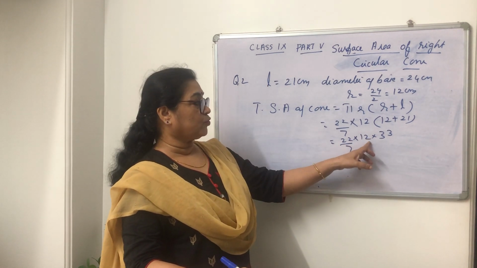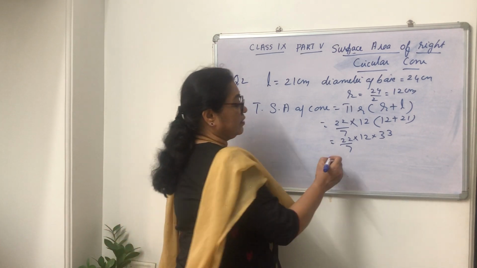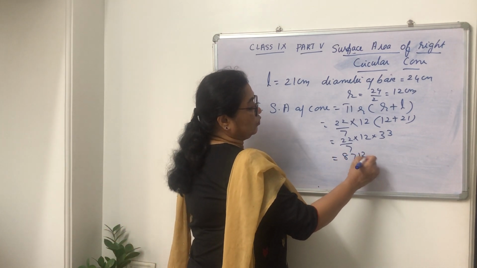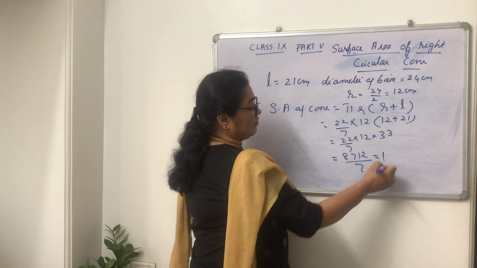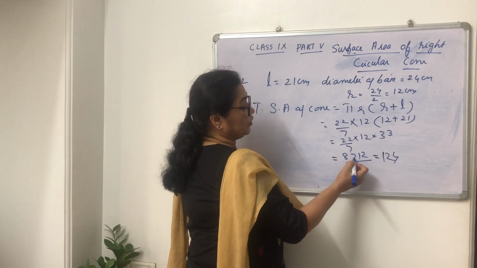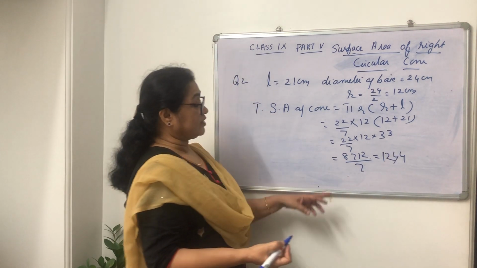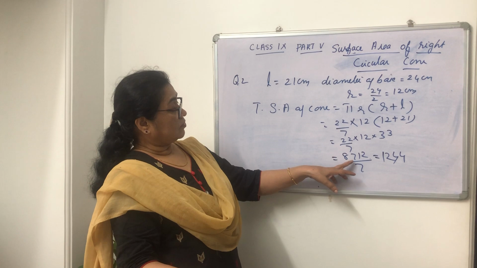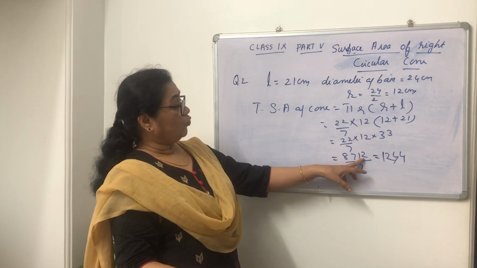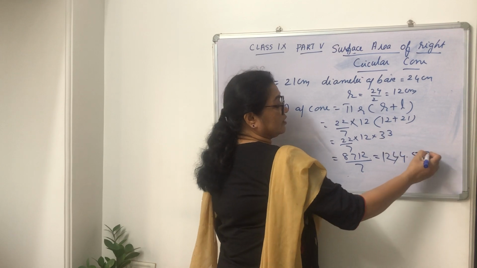So 22 into 12 into 33 by 7, that is 8712 divided by 7. 7 ones are 7, so 14, 4s are 28, 32, again 4s are 28, 4, 5s are 35, 5, 7.